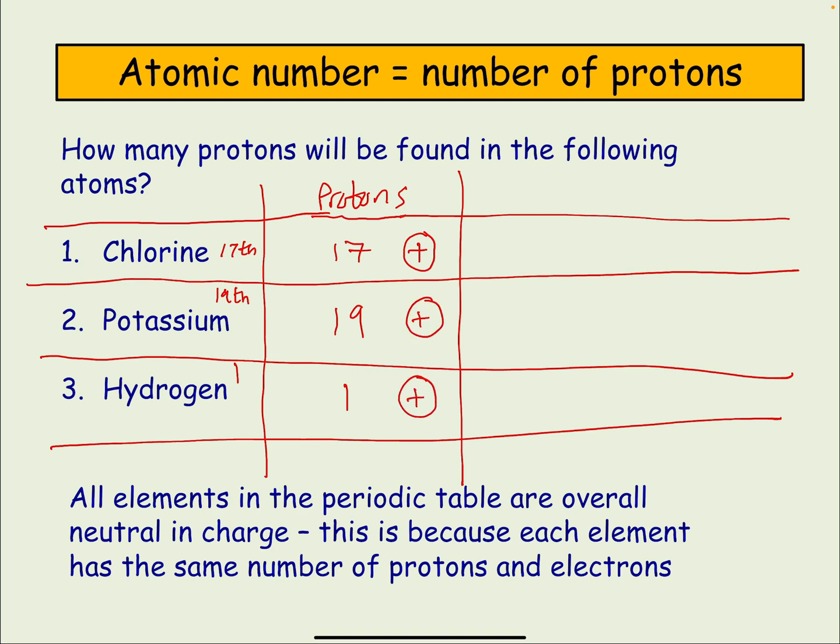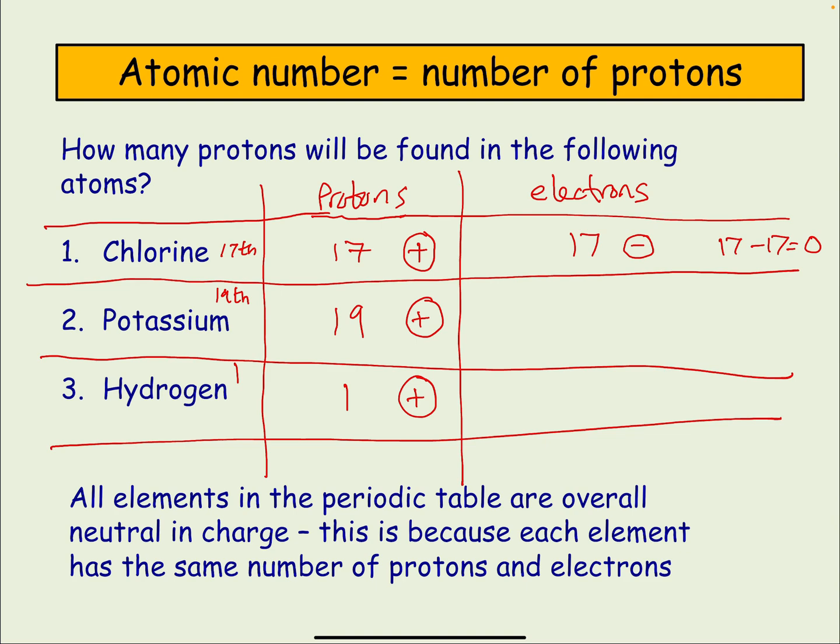Now if I was to tell you that all elements in the periodic table are neutral overall, then if chlorine has 17 positive charges, it also must have 17 negative charges. So chlorine must have 17 electrons, because remember they're negatively charged. So if you have 17 and then you take away 17 that leaves you with nothing, so it's neutral overall.